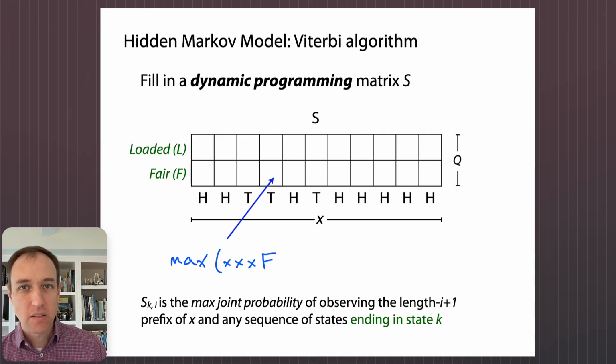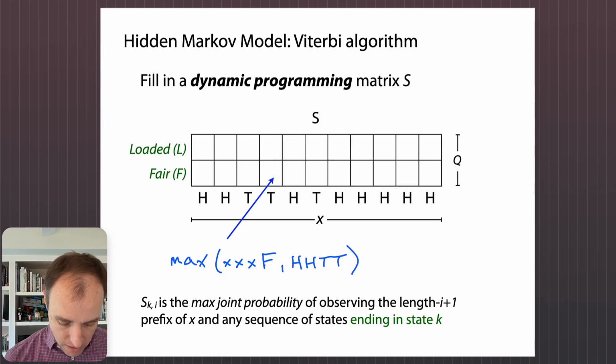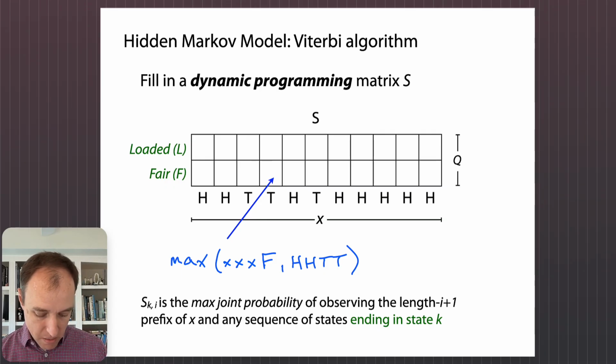Just imagine X is some state, either F or L. So the max over all possible state sequences, state F, comma, the length 4 prefix of the emission string, which is heads, heads, tails, tails. So that's what would go there. It would be the maximum over the probability of all possible paths ending in F of that path, comma, HHTT.